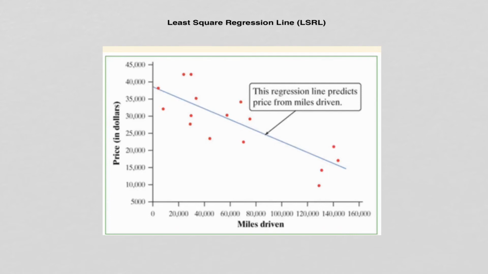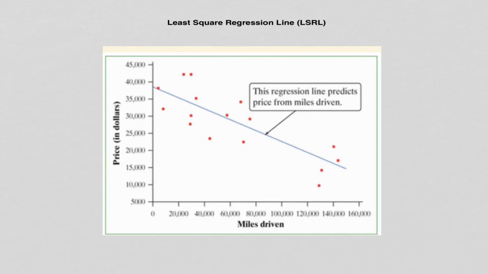Now, if you focus on any x value, let's just focus on this mileage, let's say it's 130,000 miles. For 130,000 miles, the dealership will tell you this car is worth maybe $9,000. That is observed.